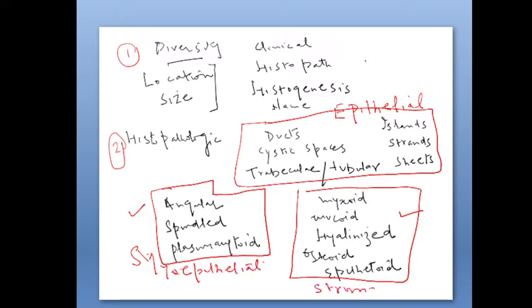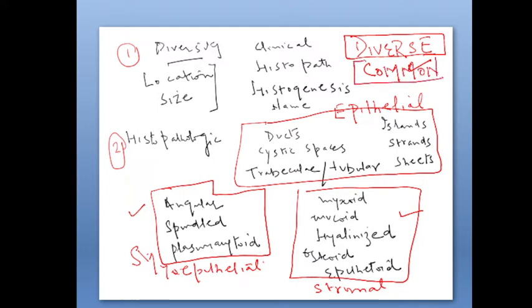Why am I talking about this? Because the tumor is diverse in almost all aspects. Diverse, and second important feature is it is very common. Salivary gland neoplasm, diverse and common.